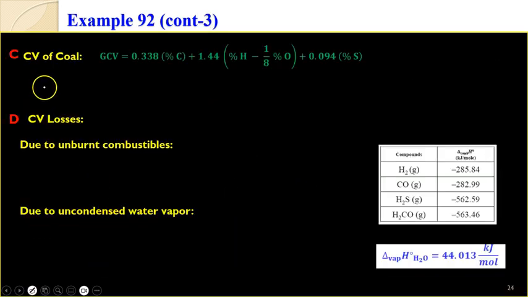Next, for letter C, you're asked to solve for the calorific value of the coal. So let's go to Dulong's formula.